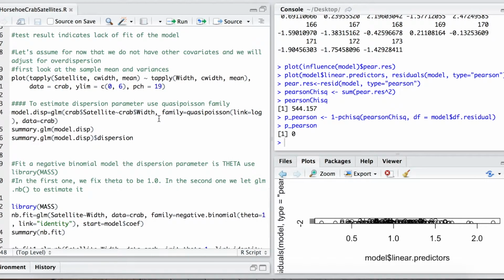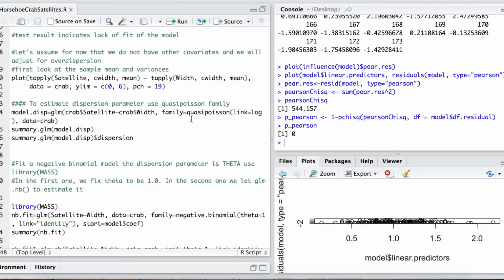Now let's assume we do not have other covariates, and we will adjust for over-dispersion. Over-dispersion means count data often vary more than we would expect if the response distribution truly were Poisson.